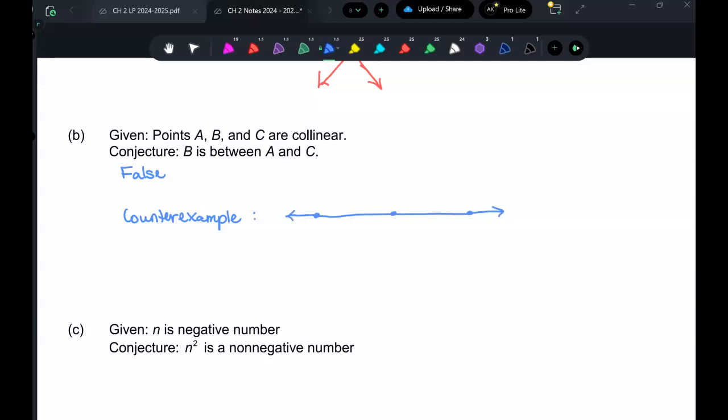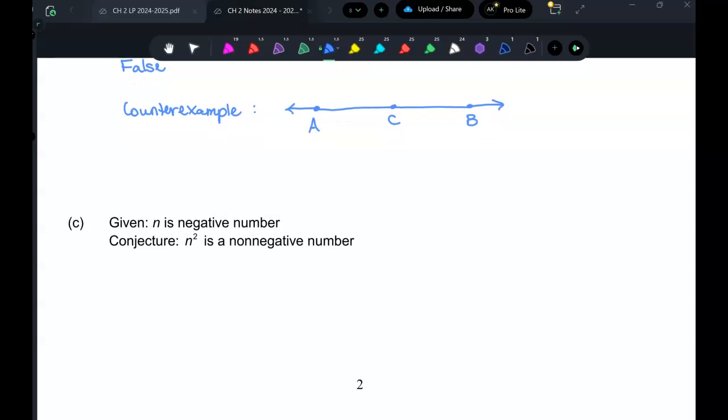But I want to draw it so that B is not between A and C. Can I do that? Yeah, so I can make it A, C, B. Perfect. So as long as B is not in between them, we're fine. And that's all you have to do. So we just drew a picture for this one. You could also write it out in detailed words. I like the picture. To me, it's easier just to draw a picture.